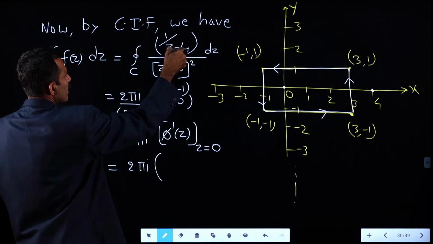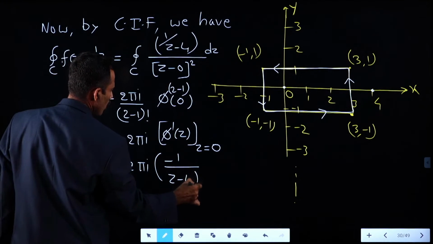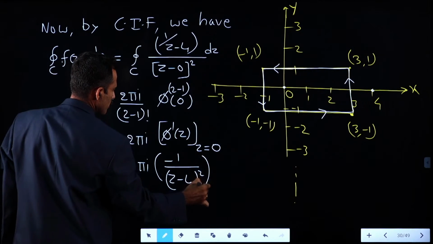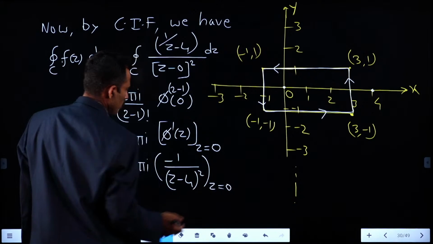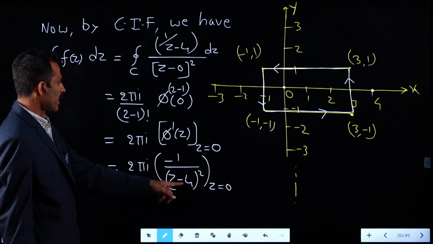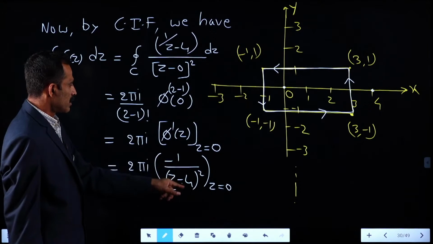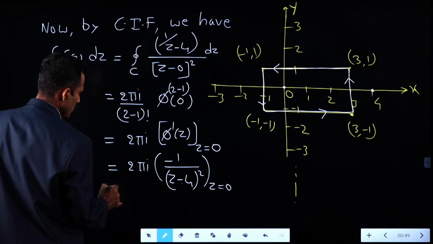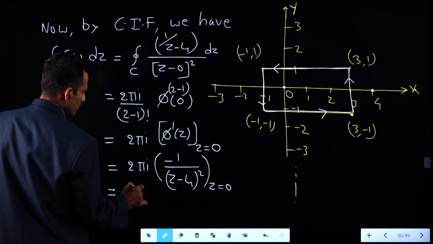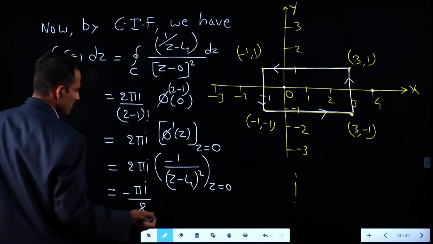The derivative of this function is minus 1 by (z minus 4) whole square. At z equal to 0, it is (0 minus 4) whole square, 1 by 16, and 2 into 8 times 1. So it is minus pi i by 8.